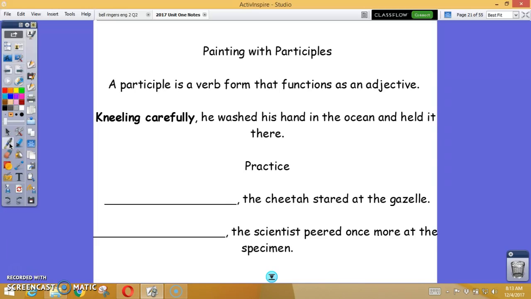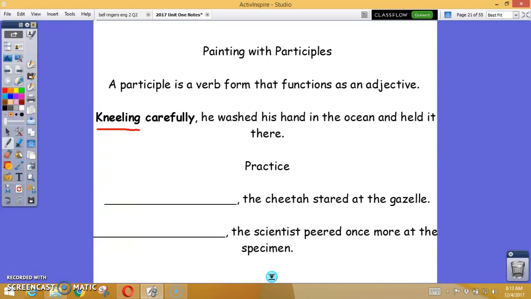Alright, so it says here, a participle is a verb form that functions as an adjective, okay? To give you an example of that, kneeling. Kneel by itself would be a verb, but when we add that ing on there, it becomes a participle.